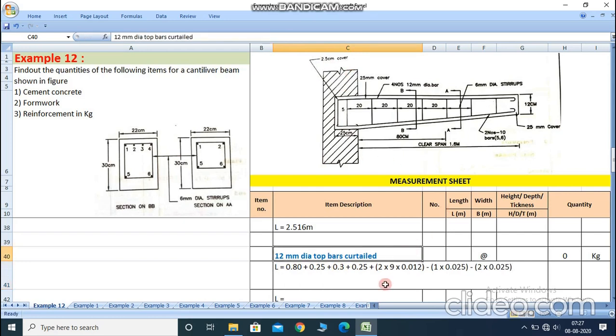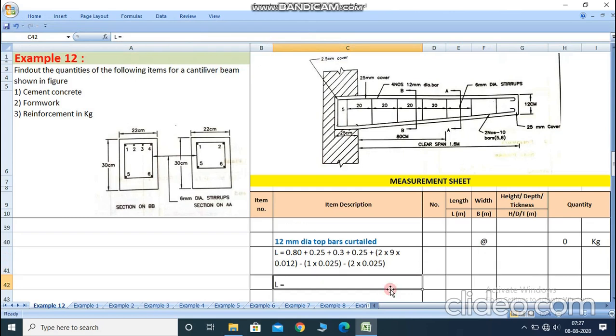So we got the answer. So here we got the answer, 12 mm diameter top bar curtail, 1.741 meters.